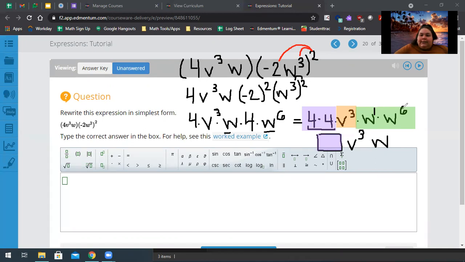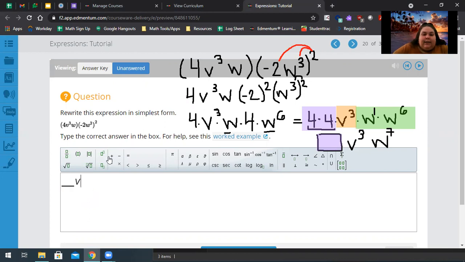So 1 plus 6 is 7. So go ahead and make sure you enter that down below. It'd be 4 times 4, which you'll type in that value, v to the third, and then w to the 7th power. So again, if you have any trouble typing it in, I'm leaving that empty space for your value that you're going to enter for 4 times 4.